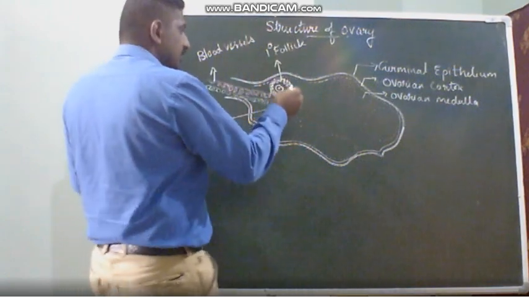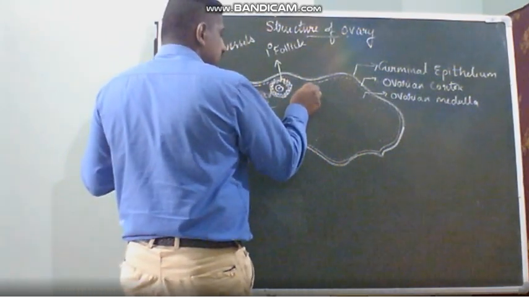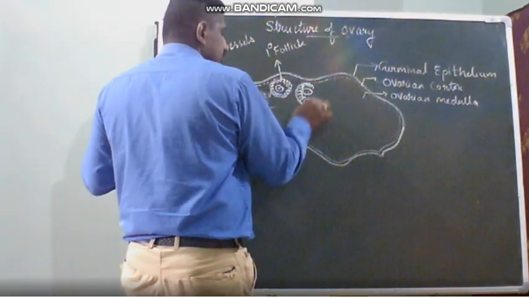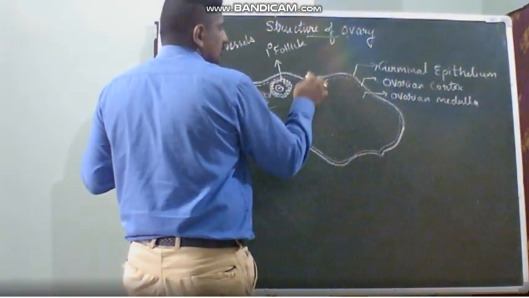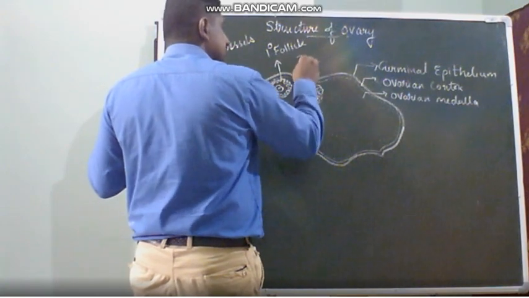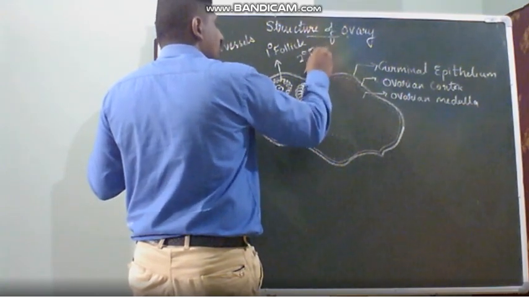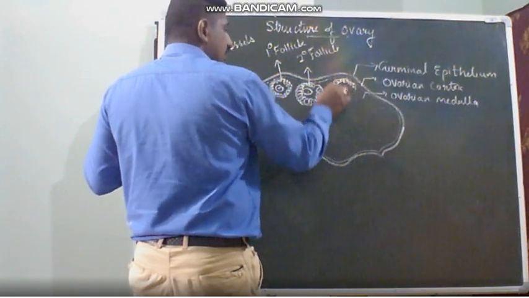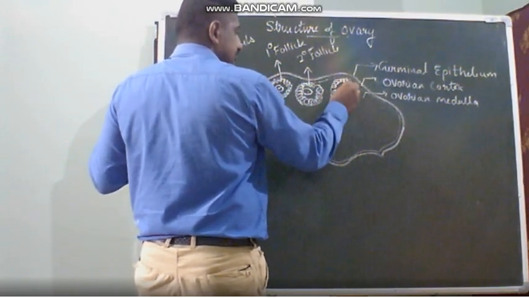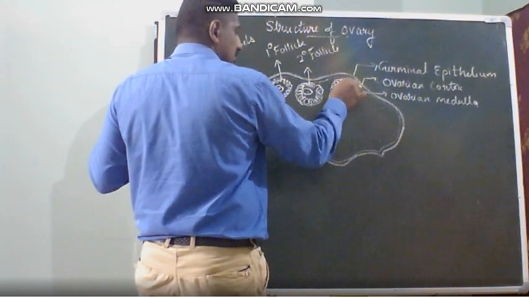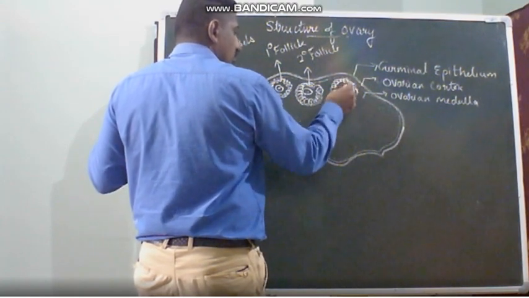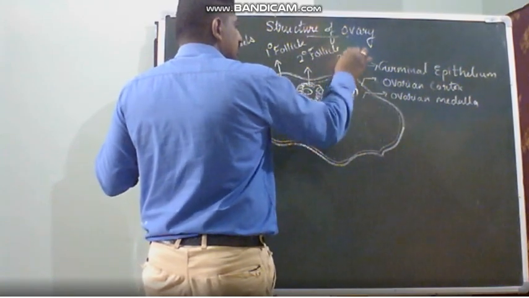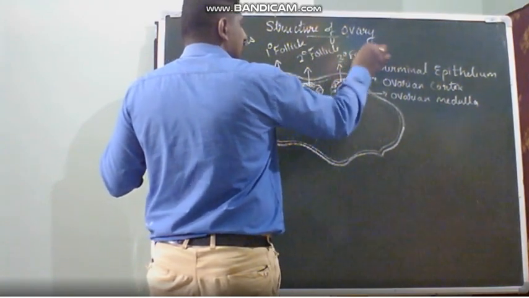The primary follicle, again, they get transformed to another group of structures. This one is called as secondary follicle. Again, they get transformed to another group of structures. This one is called as your tertiary follicle.